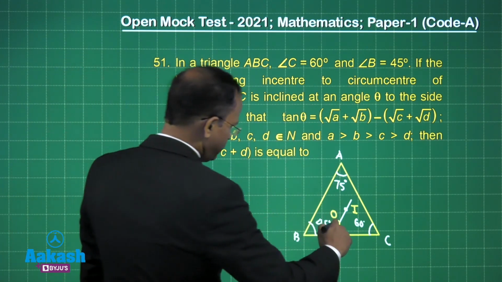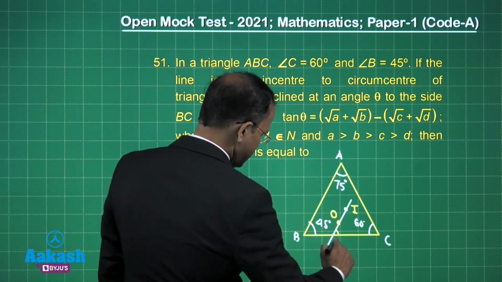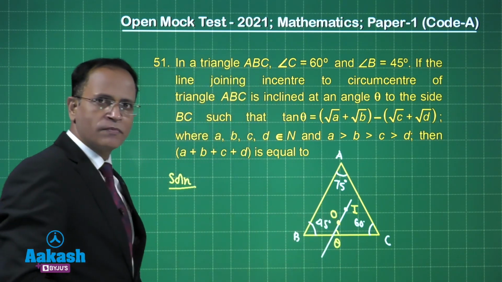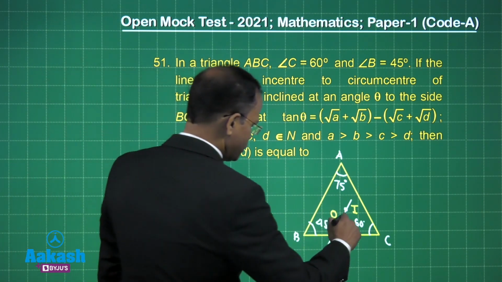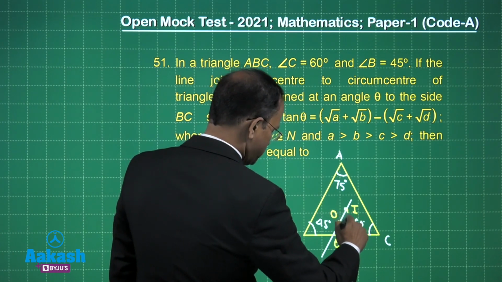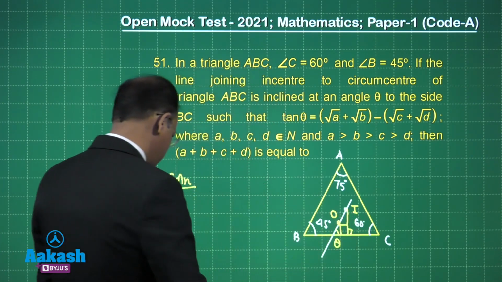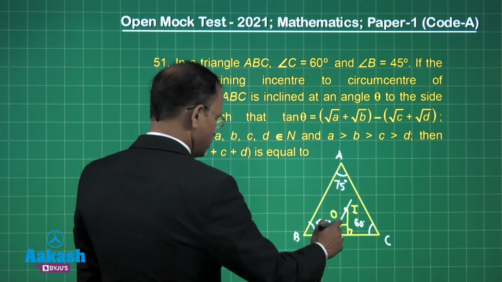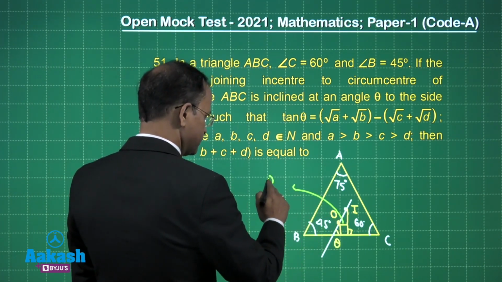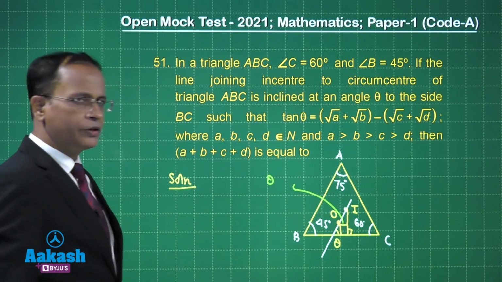So, we can say that this is theta, right? Now, if this is theta, friends, we can drop a line here, and if we talk about this part, this is also going to be theta.